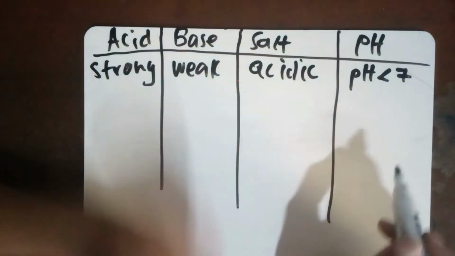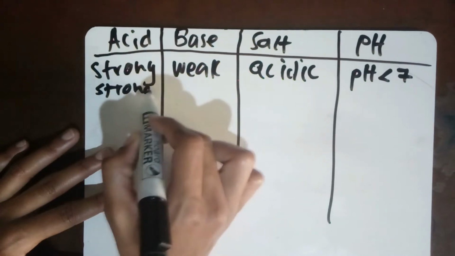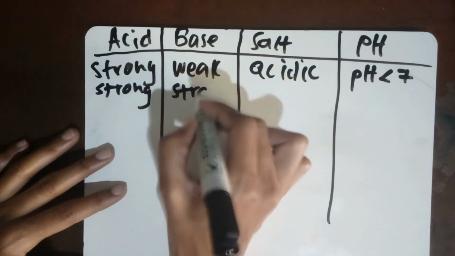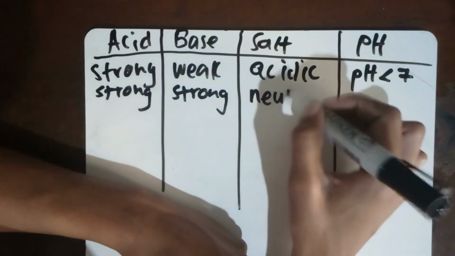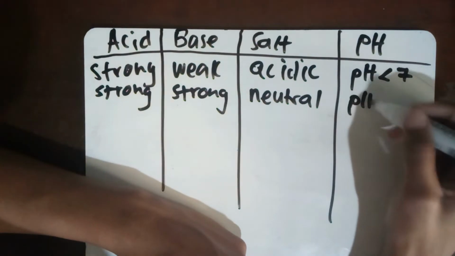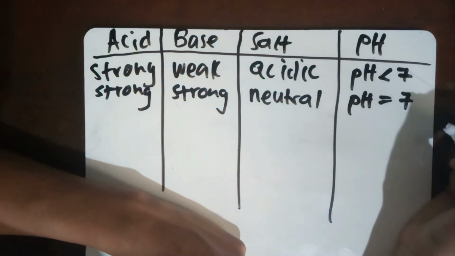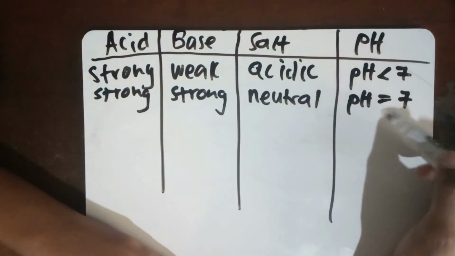However, when we have a strong acid and we react it with a strong base, we'll actually get a neutral salt. And that neutral salt, its pH will actually be 7, right? Cool. So remember, neutral substances have a pH of 7.